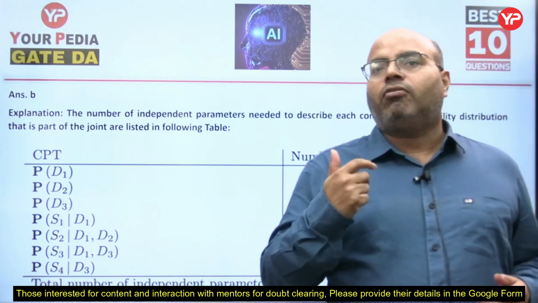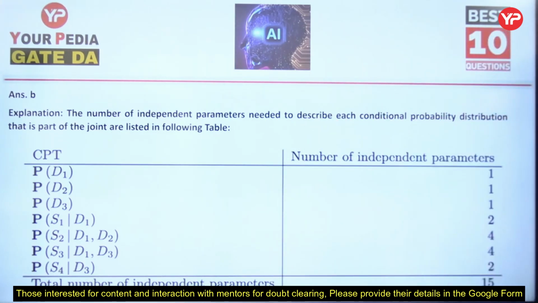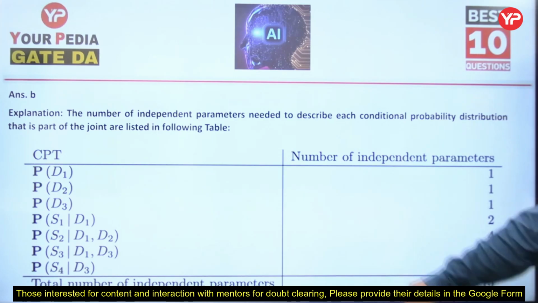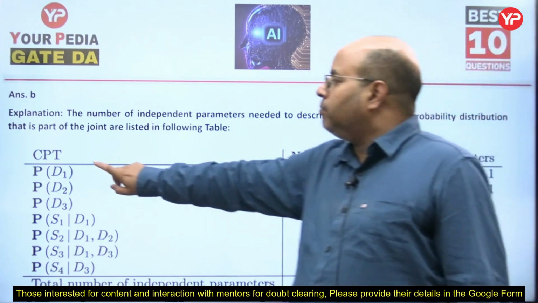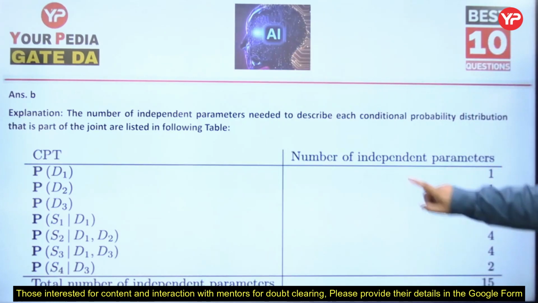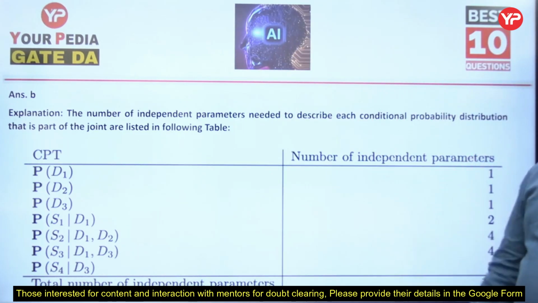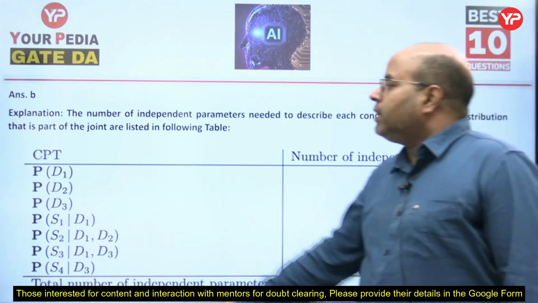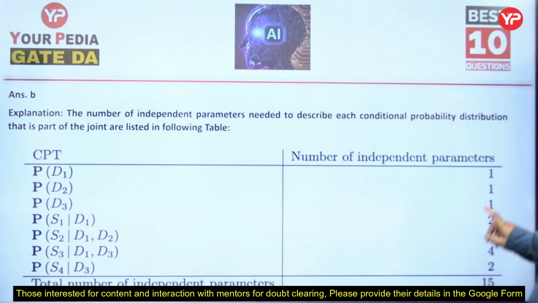This is very much required for a Bayesian network. Probability of D1, number of independent parameters 1. It's independent, only 1 is required. Probability of D2 again 1, probability of D3 again 1. So for the 3 diseases, 1 parameter each will be required.